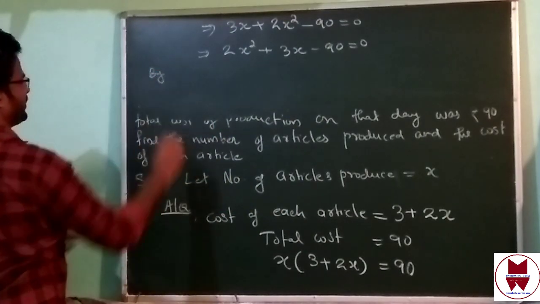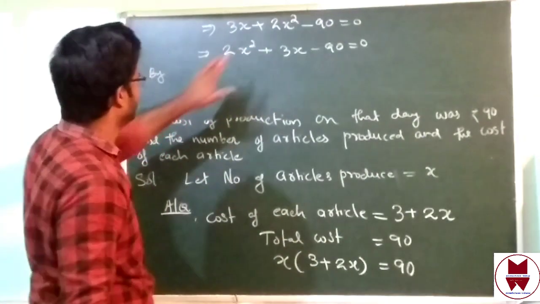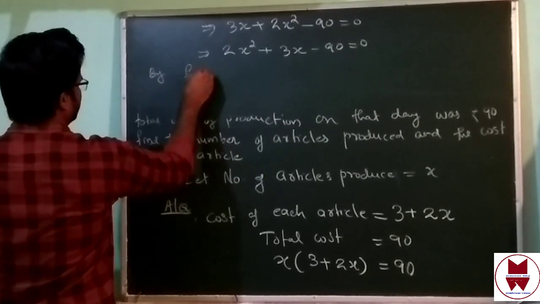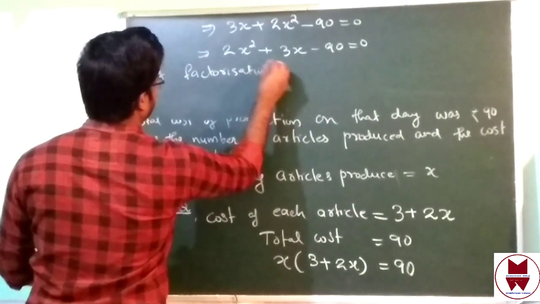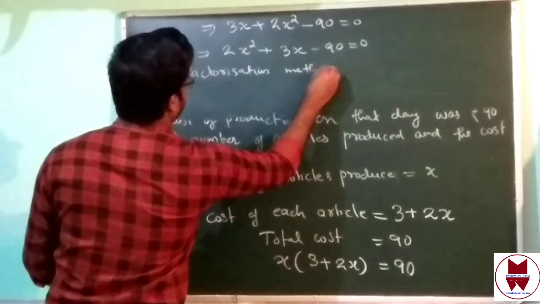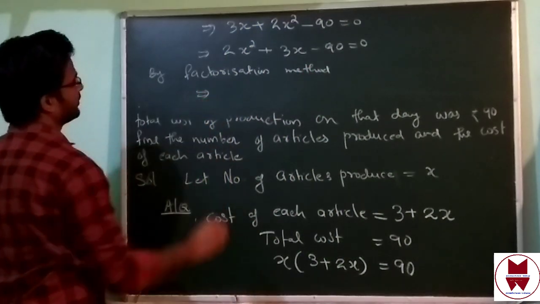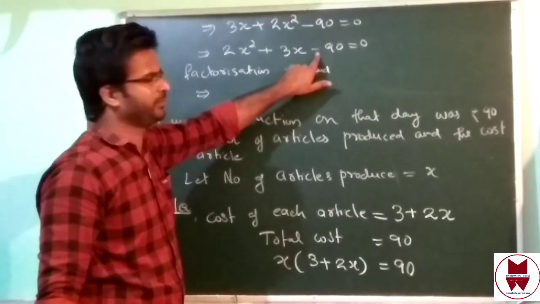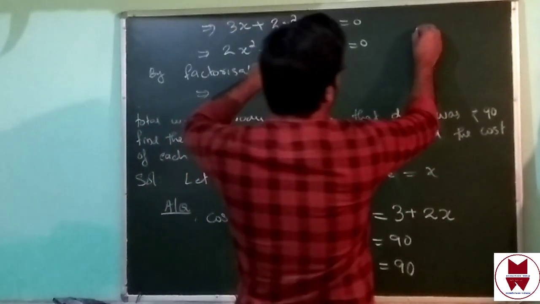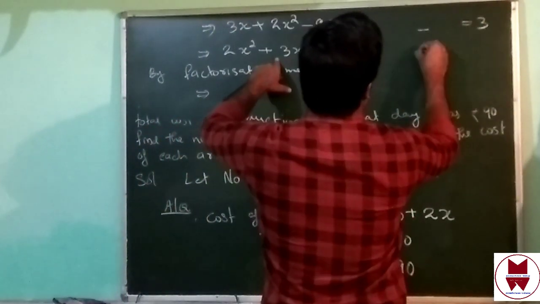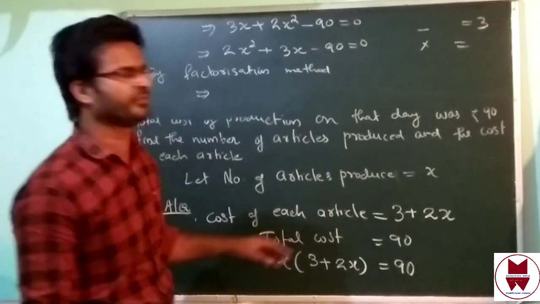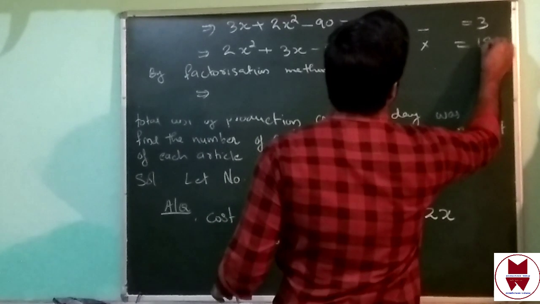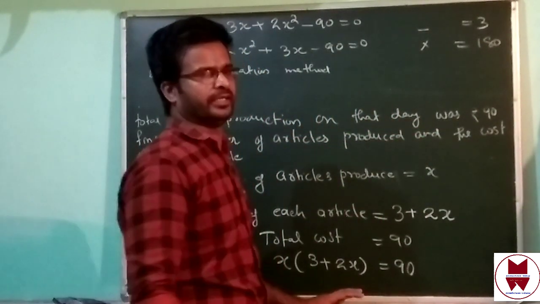Then from here we have to find x by the factorization method. Minus means when you subtract, we need answer 3. When you multiply, we need answer 2 into 90, that is 180. You can use any two numbers.